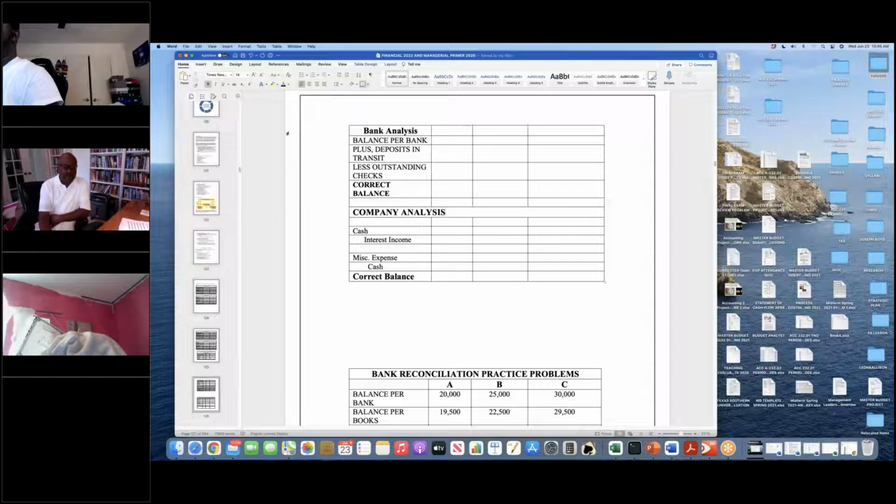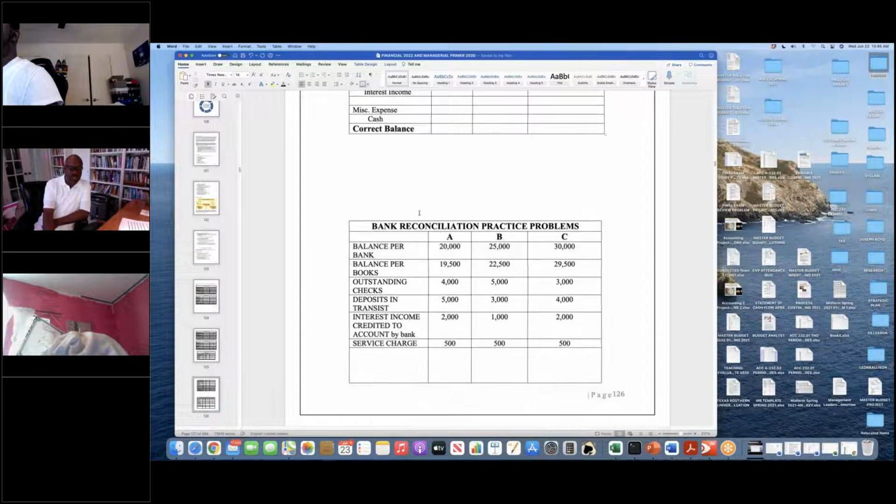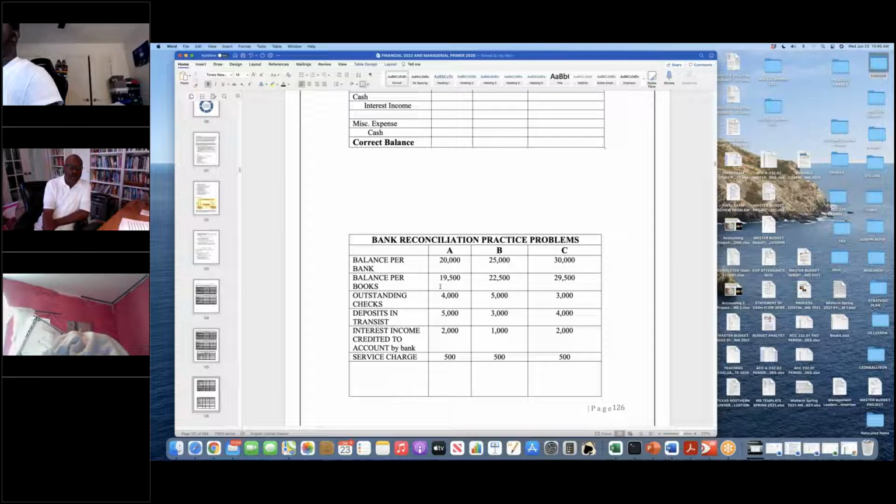Okay, so here are the situations. The balance per the bank was $20,000. The balance per the books was $19,500. Outstanding checks were $4,000. That is, these are checks that were written that the bank didn't have. Deposits in transit were $5,000. Interest income credited was $2,000. Service charge is $500.